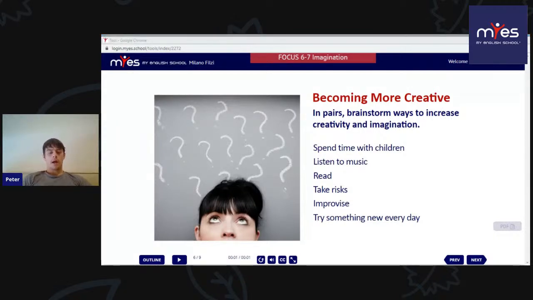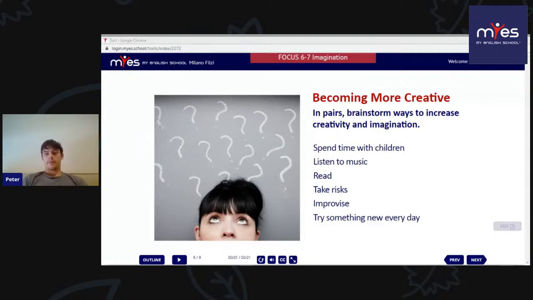So here are some ideas of how to increase creativity and imagination. For example, spending time with children. Spending time with children increases your imagination because children have the best imagination. They are very imaginative because everything is new to them.